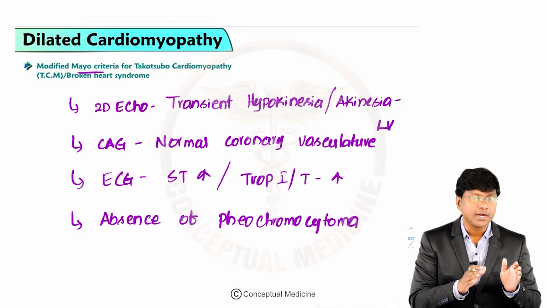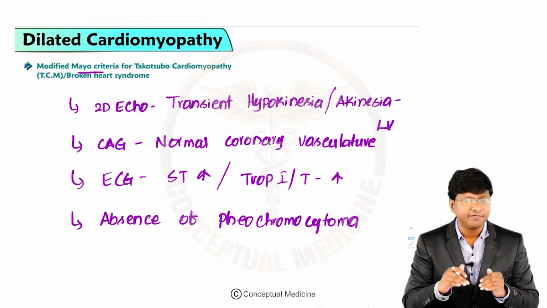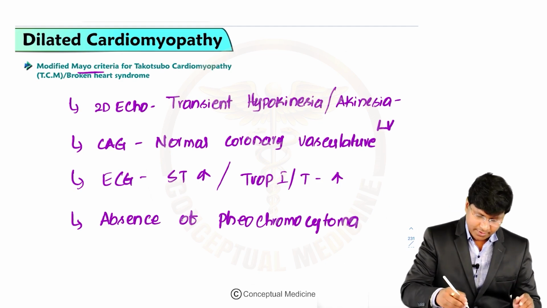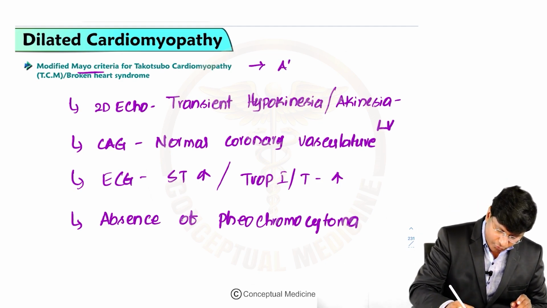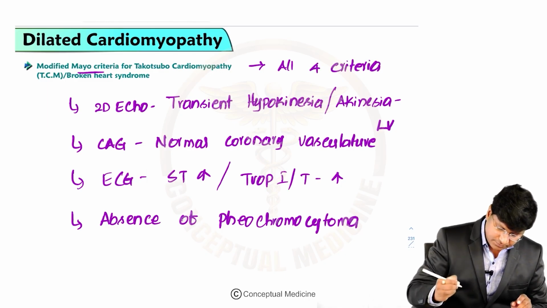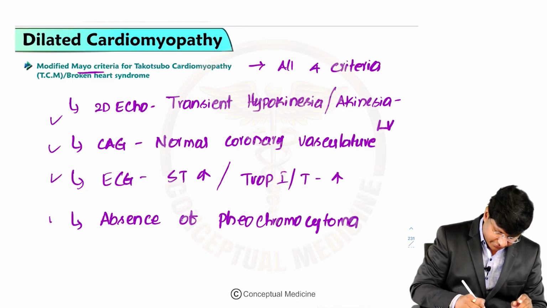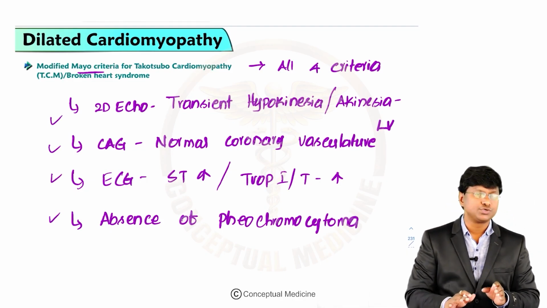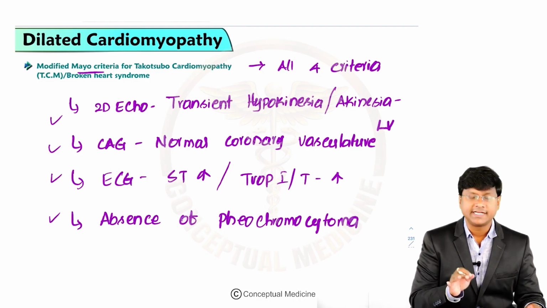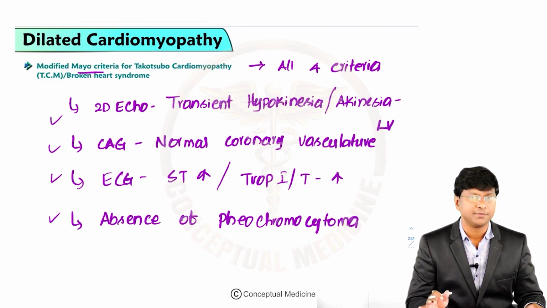According to the modified Mayo criteria for Takotsubo, all 4 criteria should be there to consider that the patient is suffering from Takotsubo cardiomyopathy.